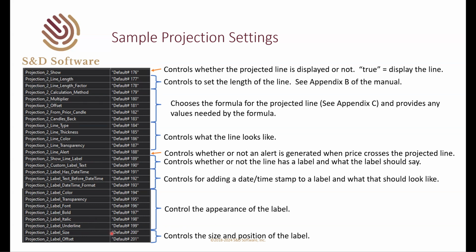And then at the very end, just like before, we have controls for the size and position of the label. And again, the size is going to be the size of the font in points. And the offset is going to be in ticks. And that, again, allows us to move the label away from the line.